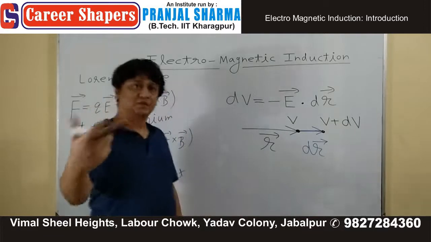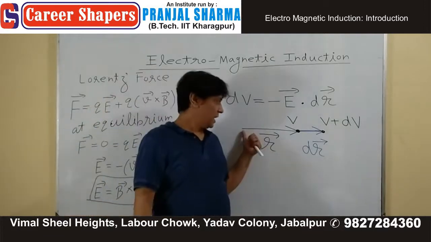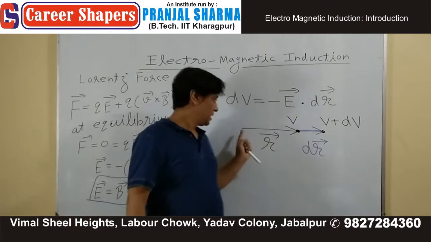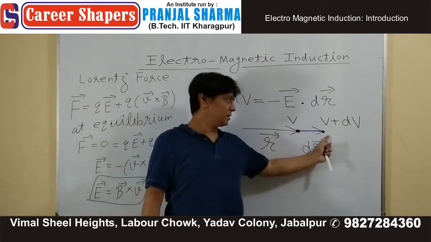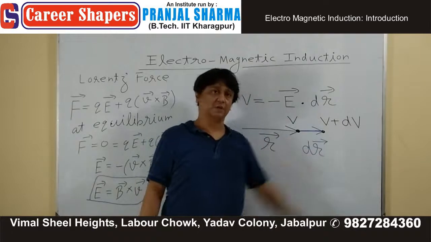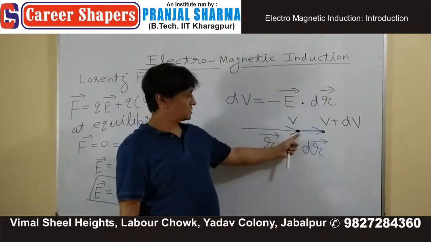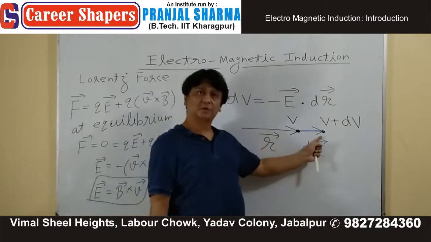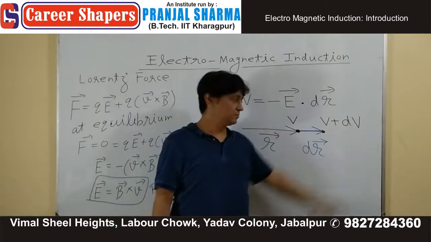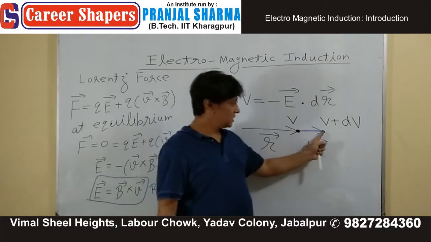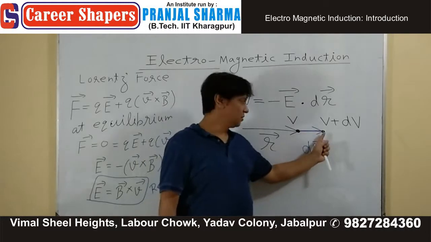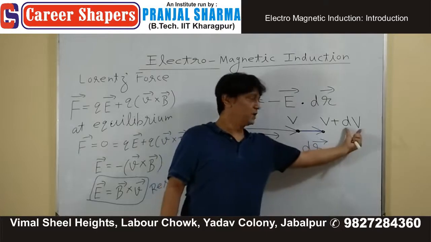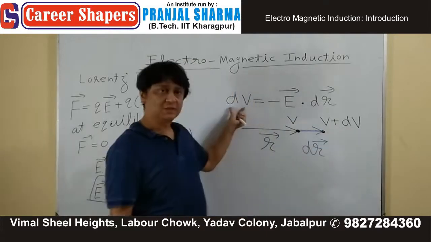That's how maths works. At r, you have V. At r plus dr, you have V plus dV. At x, you have y. At x plus dx, you have y plus dy. And what is the difference of potential between this point and this point? dV.